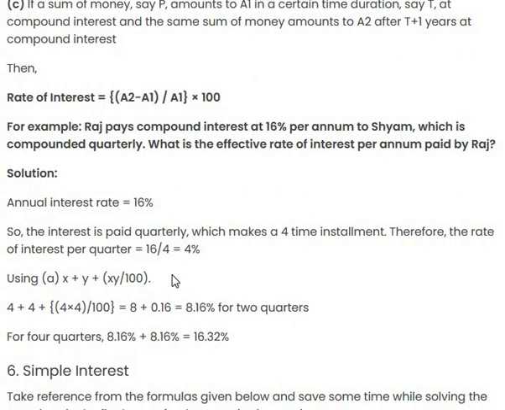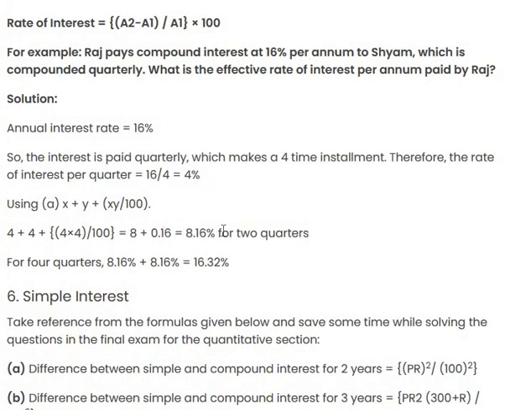For example, Raj places money in compound interest at 16% per annum, which is compounded quarterly. What is the effective rate of interest paid by Raj? Annual interest rate is 16%. The interest is paid quarterly, which makes four installments.